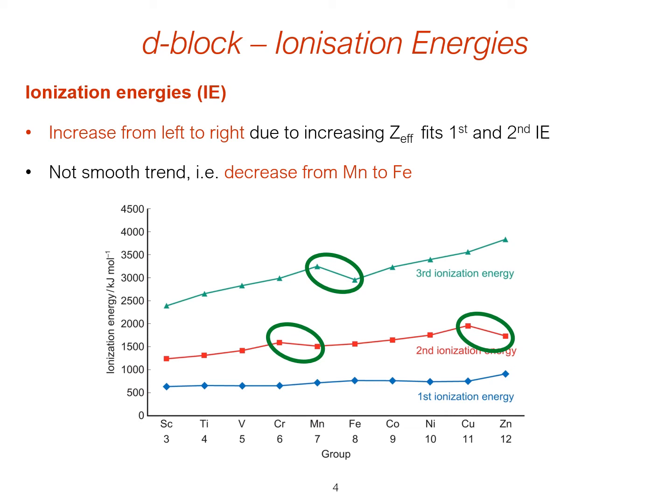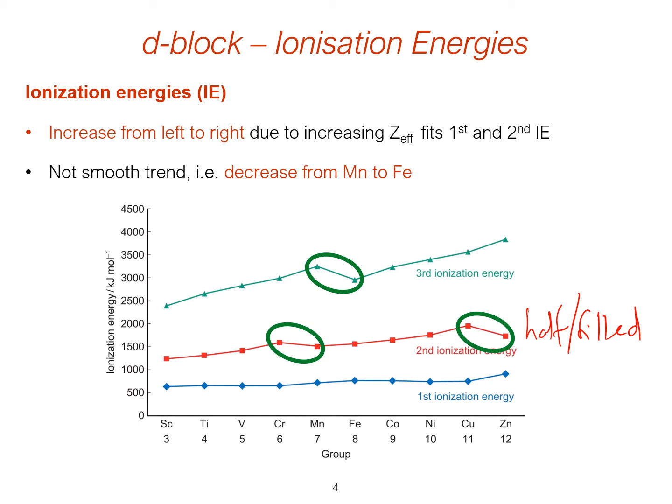It also generally follows this trend on the second ionization energy as well. So as we go from left to right, they're generally increasing, but it isn't quite so smooth. And there are some small anomalies that you can see I've highlighted here. So from chromium to manganese and from copper to zinc. And in this case, why these are slightly higher than the one after them is because of the half or completely filled orbitals.